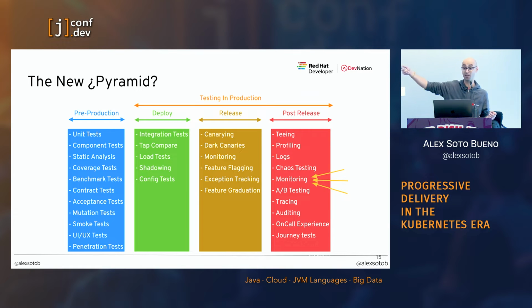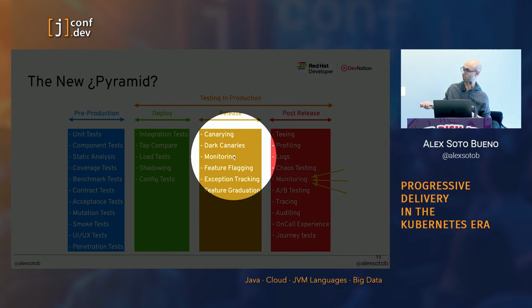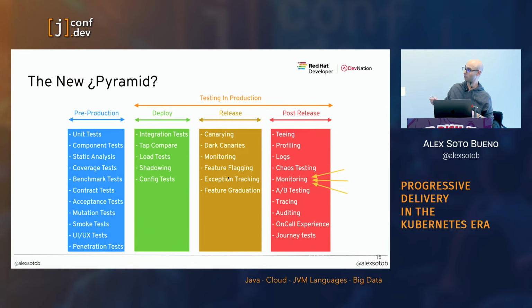The real integration happens in the real database. So run them there. For example, also tap compare, load test, shadowing, and config test. All these kinds of tests go when you deploy the application. Remember that if you detect something at that phase, it doesn't matter because you are deploying, you are not affecting your users.